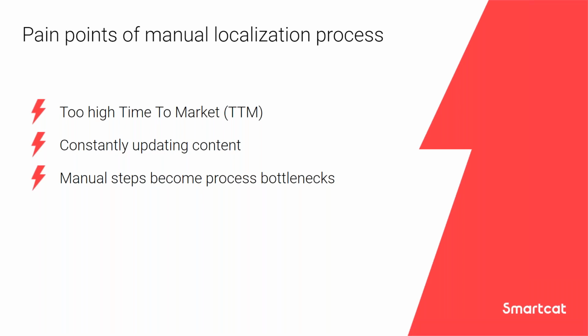Constantly updating content, not only the content is produced in huge amounts, and a lot of that needs to be localized, but the content is also updated a lot. And if you have to deal with these updates manually, that might be quite a headache. And manual steps which require you to import, export content might also become quite a bottleneck. So those are the main pains we're facing.